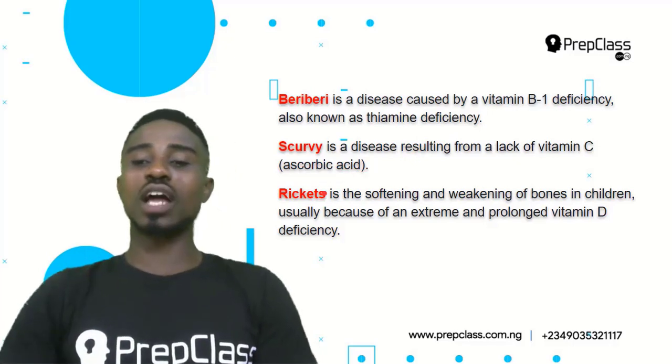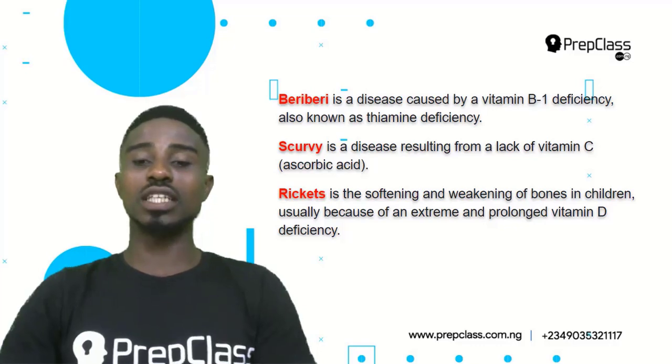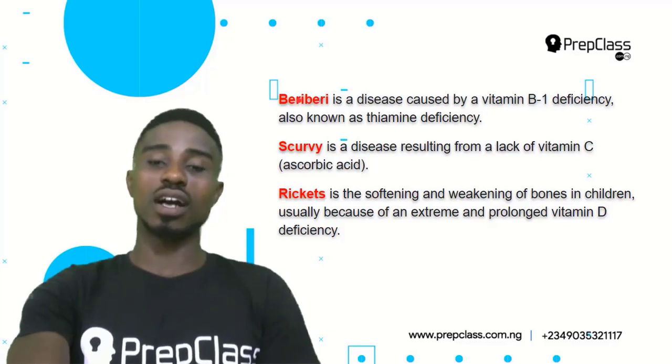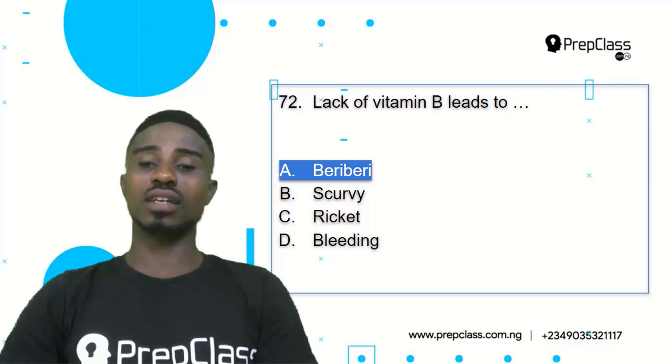Rickets is the softening and weakness of bones in children, usually because of an extreme and prolonged vitamin D deficiency. So you can see beriberi is our correct answer. Question 72, option A, beriberi is the correct answer.